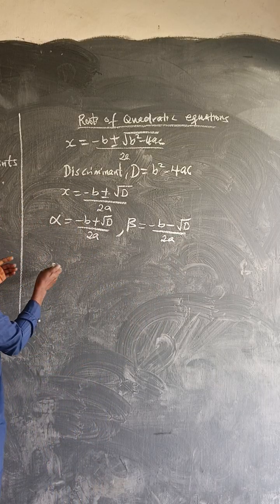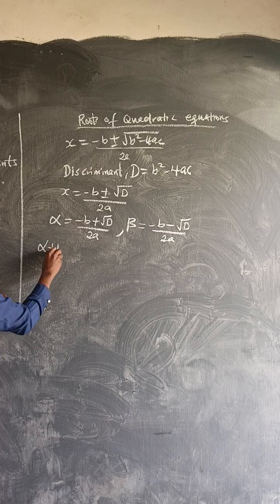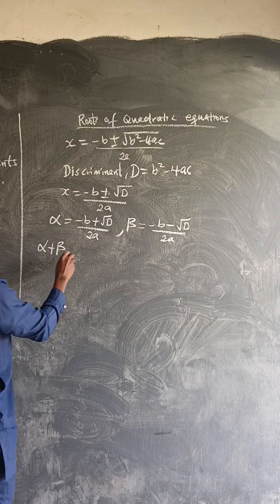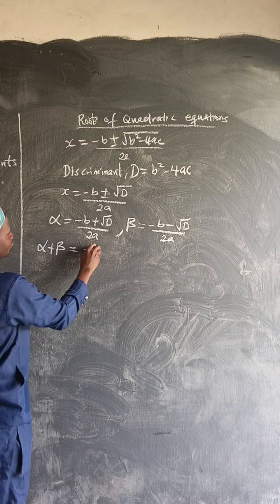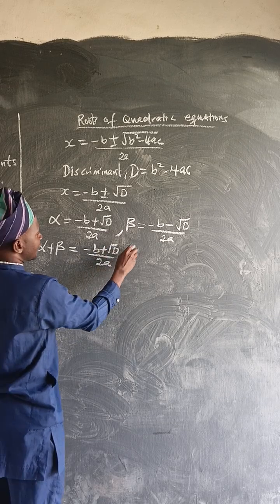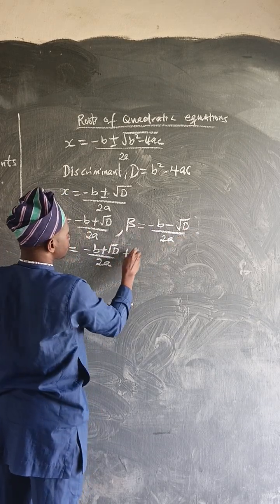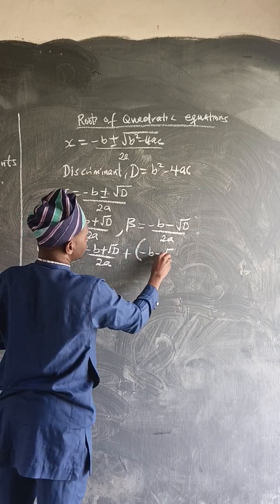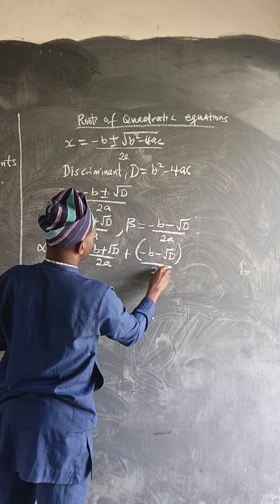Now, the sum of the roots. When we want to find the sum of the roots, we have alpha plus beta, by adding together minus b plus root D divided by 2a, plus, in brackets, minus b minus root D divided by 2a.